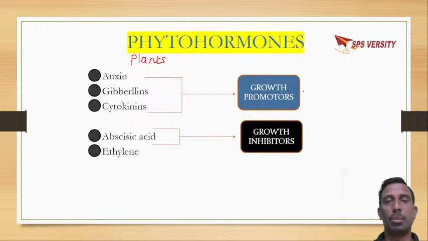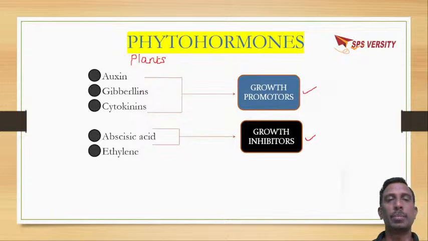So इसको क्या बोलते हैं, growth promoters. कुछ हार्मोन्स they will inhibit, इसको क्या बोलते हैं कि growth inhibitors. So which promote growth, उसको क्या बोलते हैं कि growth promoters. Which inhibit, they are called growth inhibitors.